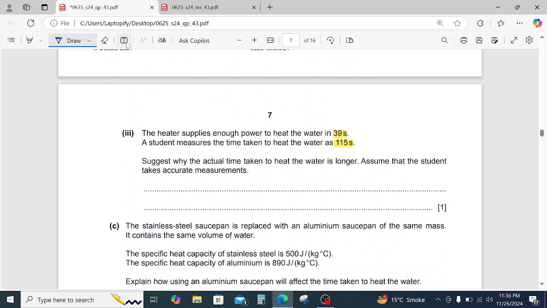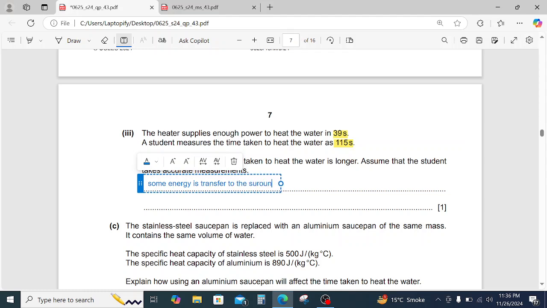So you have to write here: some energy is transferred to the surroundings. Is it clear?